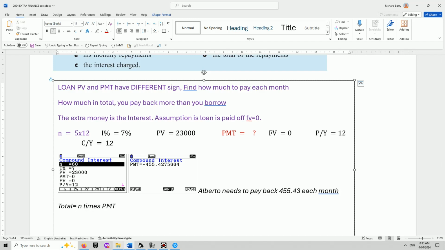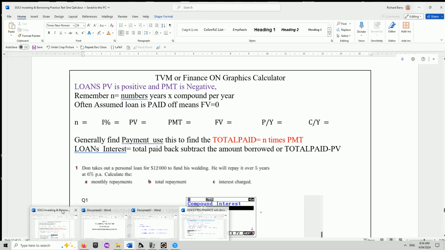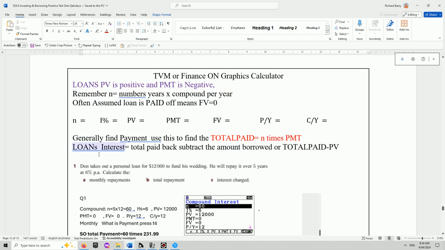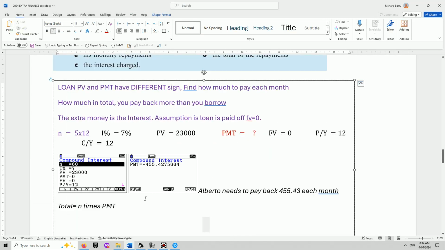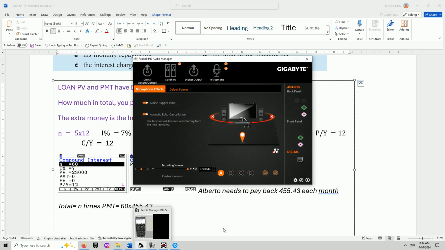Let's have a look at our cheat sheet from the other day. Loans, interest, total paid, N times PMT. First we use the calculator to find PMT and total. Don't get confused, this is where we're at. In this question it equals 60 times 455.43.